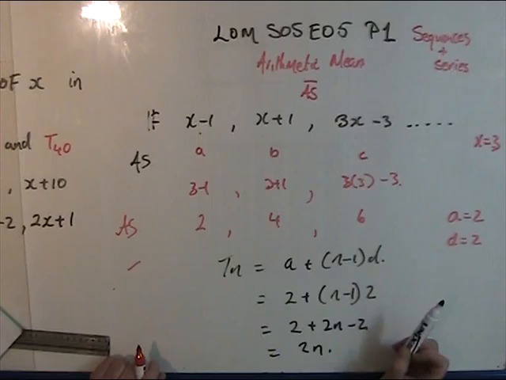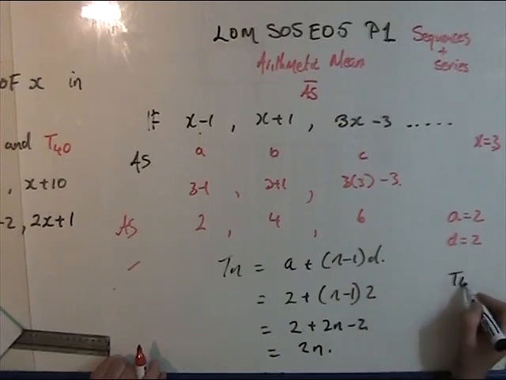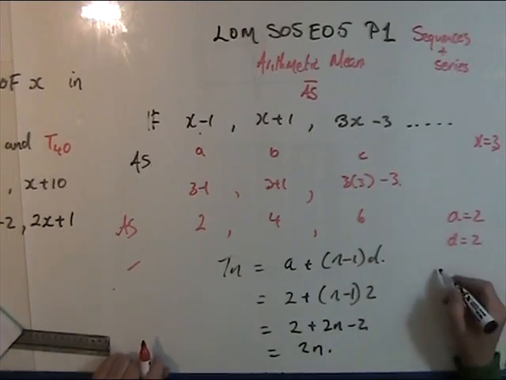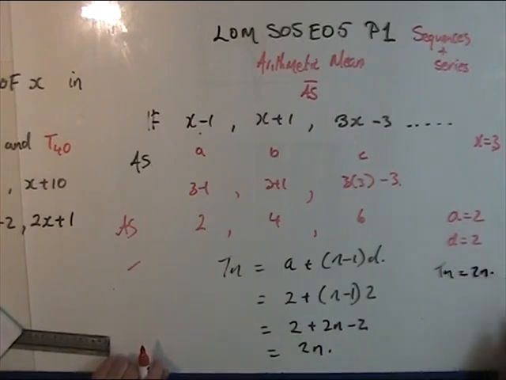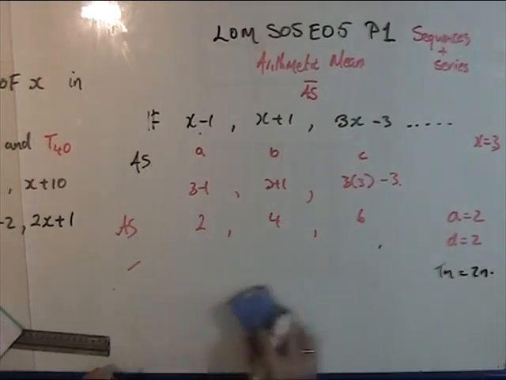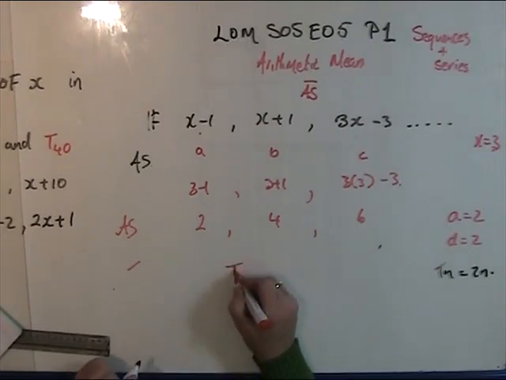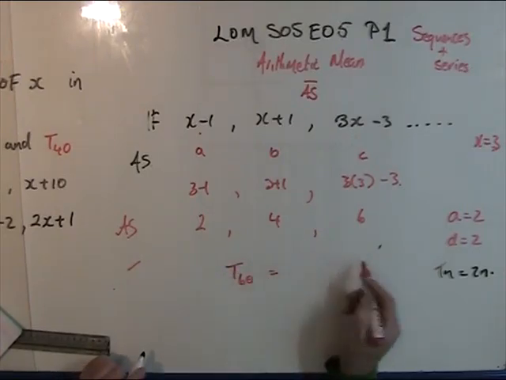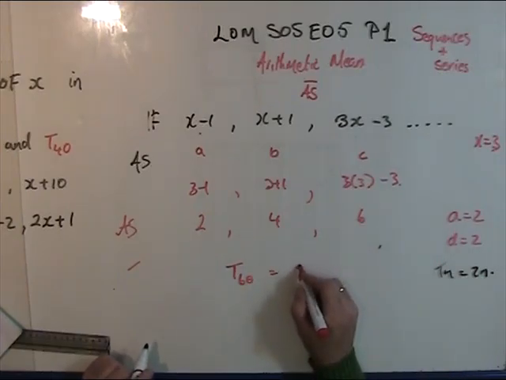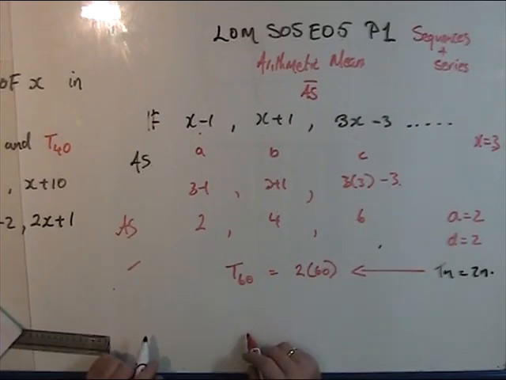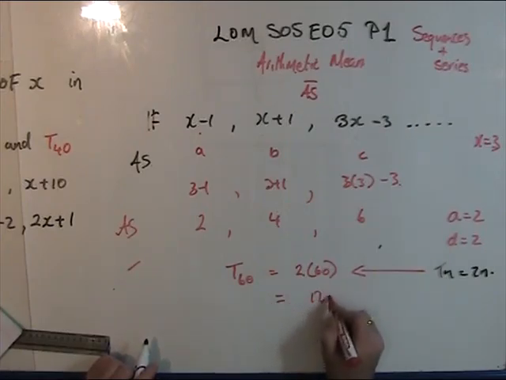Great. Now the next question is find t of 60. We've got the Tn formula, so let's write it out. Tn is equal to 2n. And let's find t of 60. We know that Tn is equal to 2n, so t of 60 is equal to 2 times 60, and that is equal to 120.